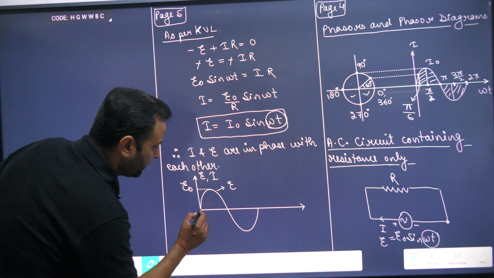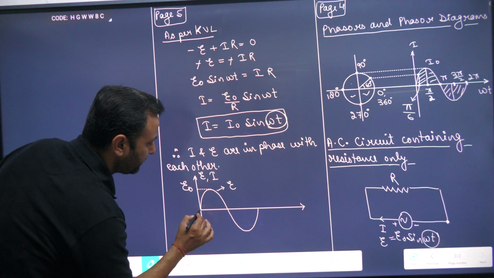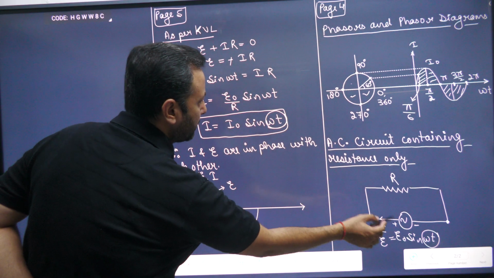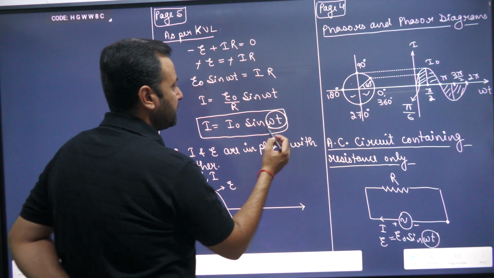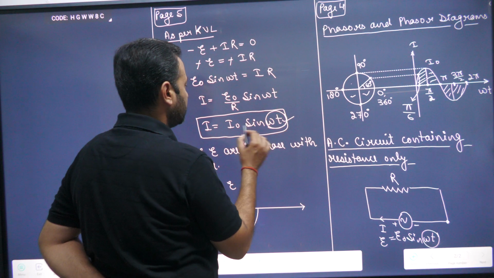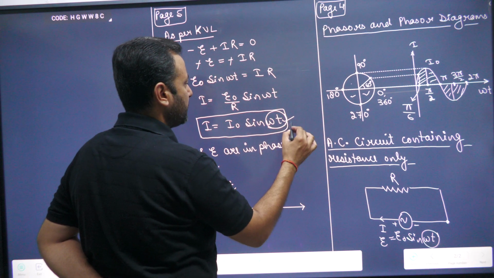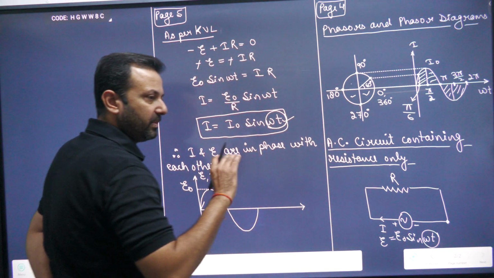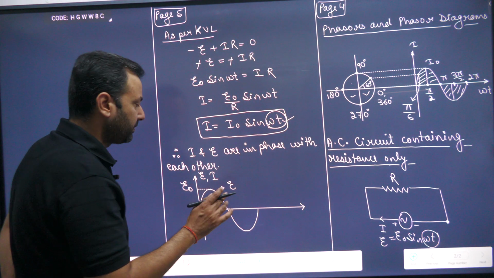So we will draw a graph of I here, because I is also varying like this. The angle of I is sine omega t, and the angle of E is also sine omega t. Means they both are in phase with each other.